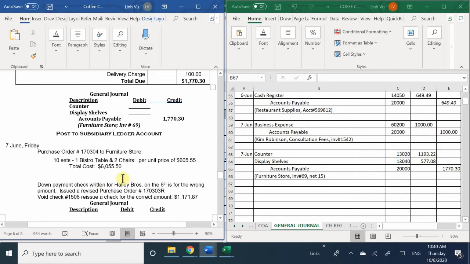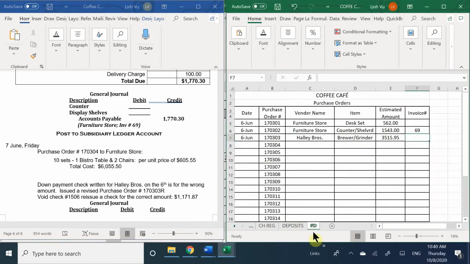All right, so what do we do with this purchase order? Nothing. We don't need to record it. However, what should we do instead? Recording the purchase order, please. Yes, we need to make sure that everything that we make a purchase order for is that we keep track of it, because for all I know, I can send out this purchase order and I can also never receive it.